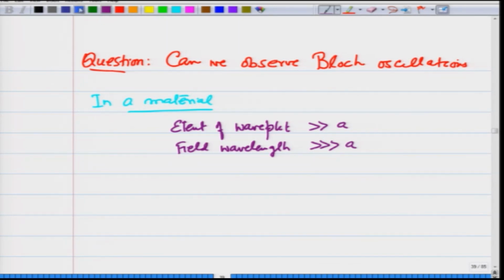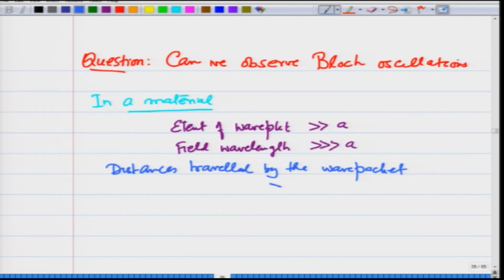So, I can also argue that the distance travelled by the wave packet, if I want to really see it, has to be also much larger than a. Then only I can see that it has moved. But now there is a conflict, and the conflict is scattering lengths.